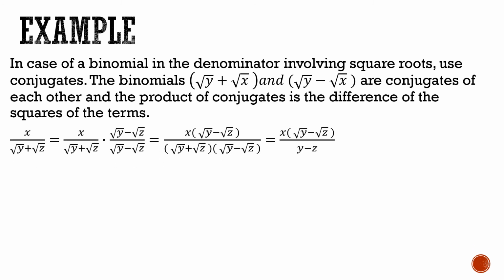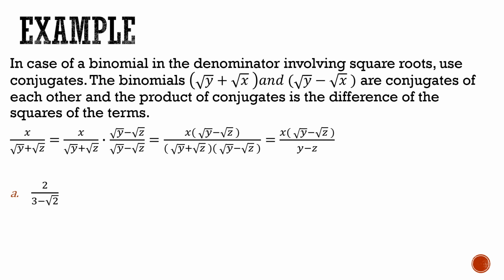So x over the square root of y plus square root of z is equal to x over the square root of y plus square root of z times the square root of y minus square root of z over the square root of y minus square root of z, which is equal to x times the quantity square root of y minus square root of z over the quantity square root of y plus square root of z times the quantity square root of y minus square root of z, which is equal to x times the square root of y minus square root of z over y minus z.